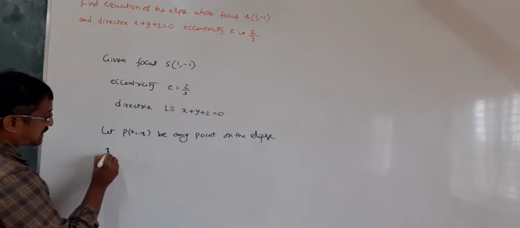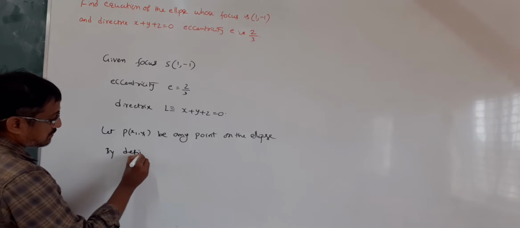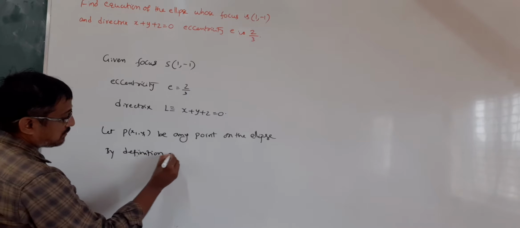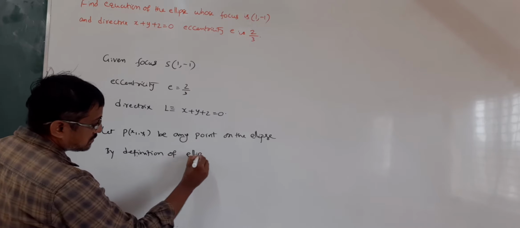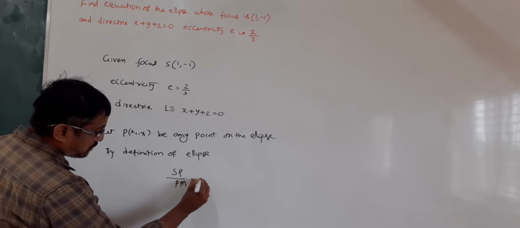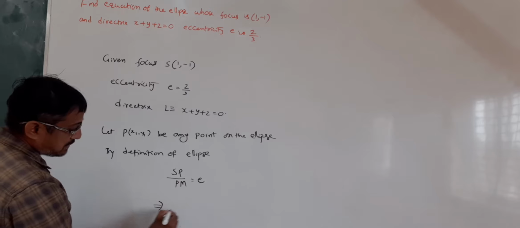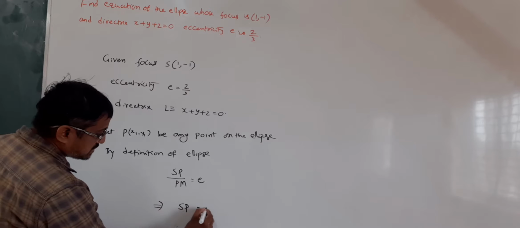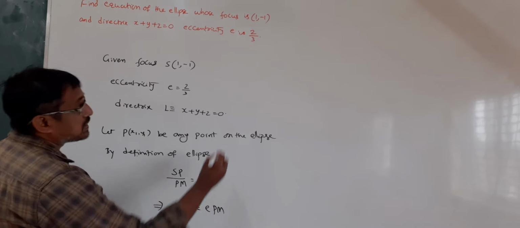So by the definition of ellipse, SP by PM is equal to e. So this implies SP is equal to e into PM.